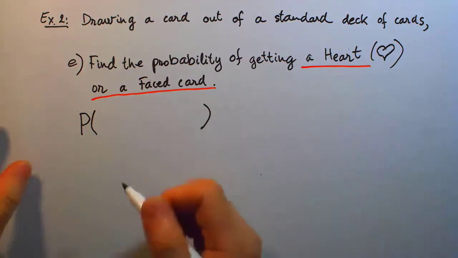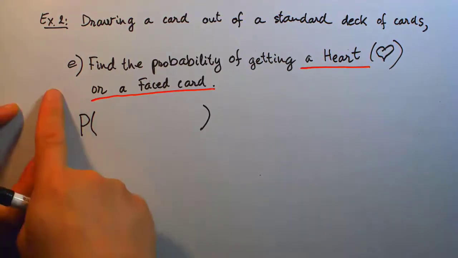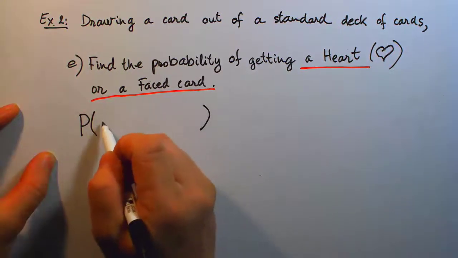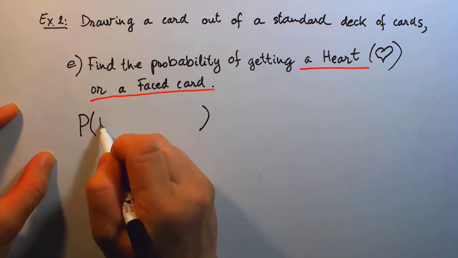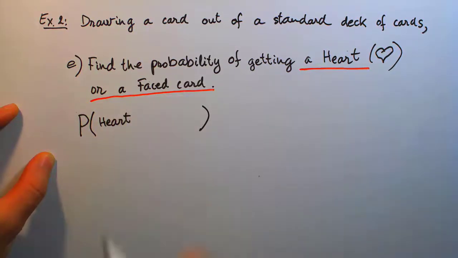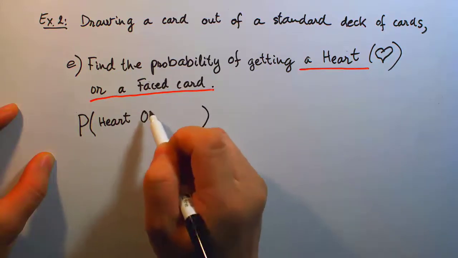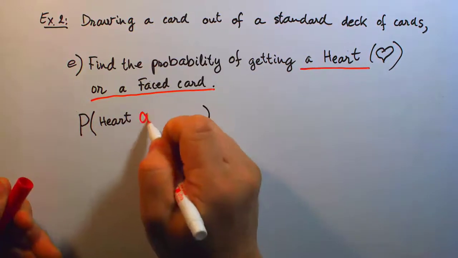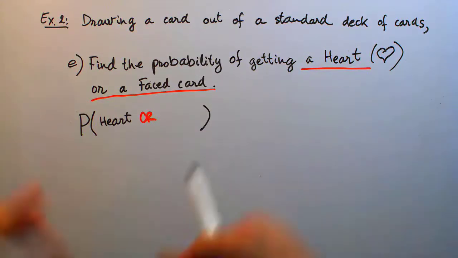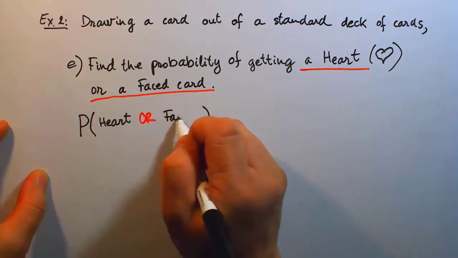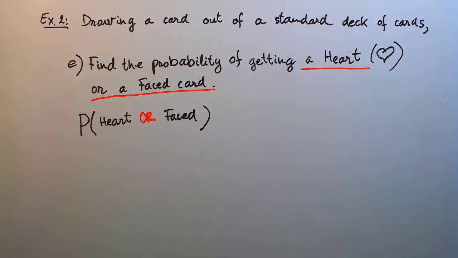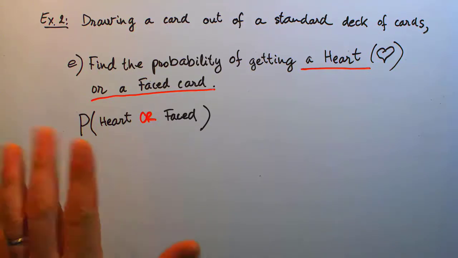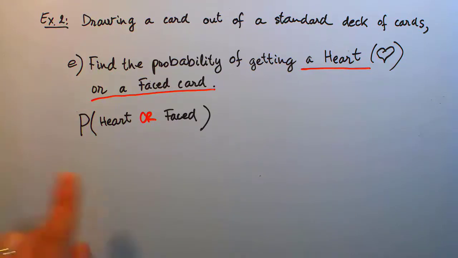As in question D just previously, we came to a compound event, where one requirement is being a heart, or the other requirement is being a face card. I'm going quite extremely symbolic here, but when we are working with this problem, you understand what I mean by heart or face card.